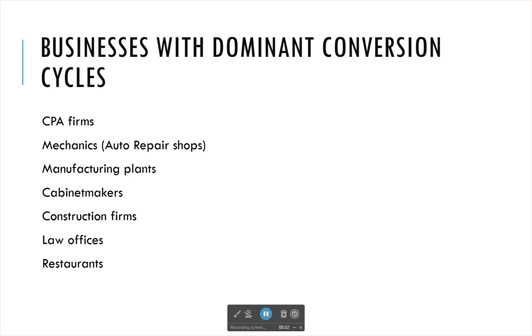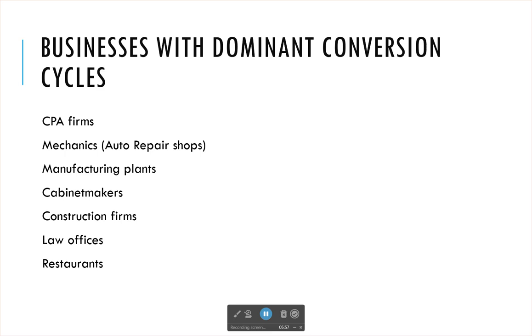Now, cabinet makers, what can we say about cabinet makers? Typically, this is going to be someone who's going to do a job which is going to be very specific. So it's probably going to be under job costing. You'll have different raw materials. Maybe it's mahogany, maybe it's pine, maybe it's a large kitchen that's being done, maybe it's a commercial kitchen that's being done.